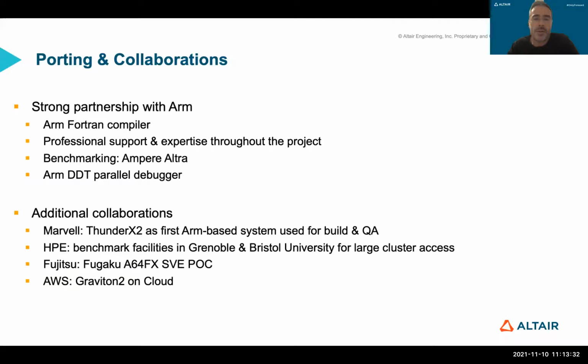They also provided access to the Bristol University cluster for the studies that we made. Also Fujitsu and Riken, to assess the code on the A64FX, which is the first SVE-capable chip, so interesting in terms of vectorization. And also on the cloud with AWS, testing the Graviton 2 more recently.